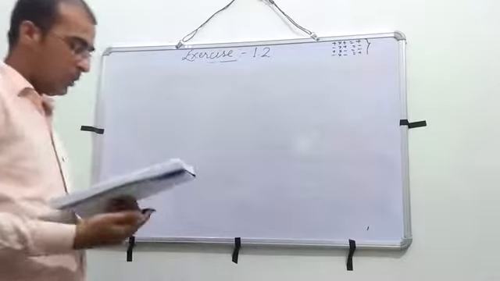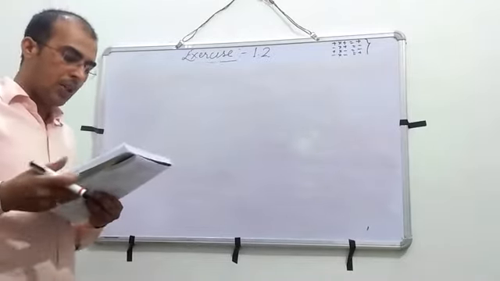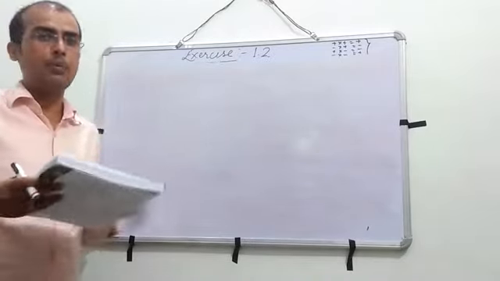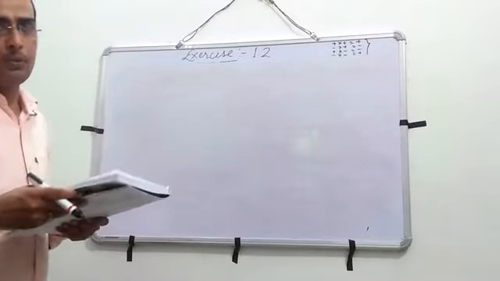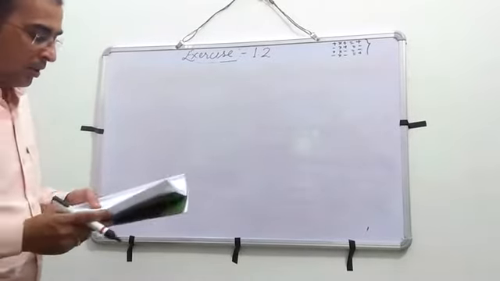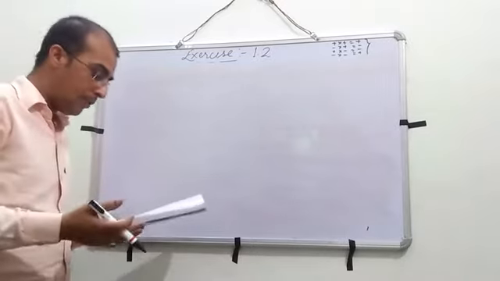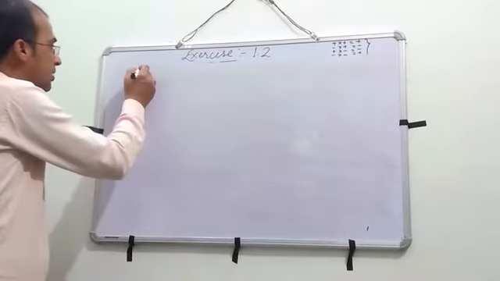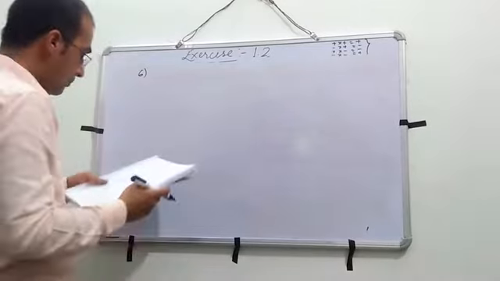So, what is question number 6? Find using the property of multiplication. You have to use the property. Which property is not given, we will use. It means question number 6 is given here.